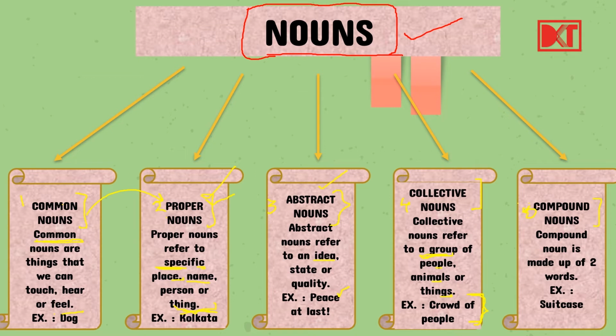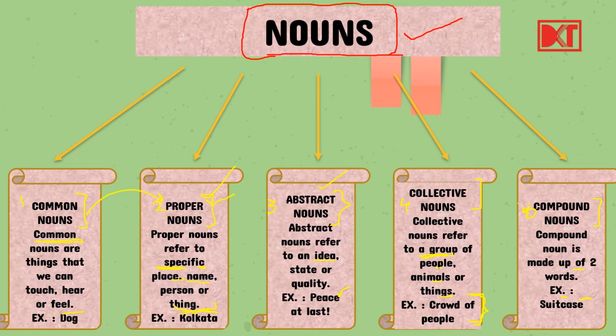For the compound nouns, we learned that they are made up of two words and they form a completely new word altogether. For example, suit and case. They are two different independent words, but we can combine them and form a new word, which is suitcase.